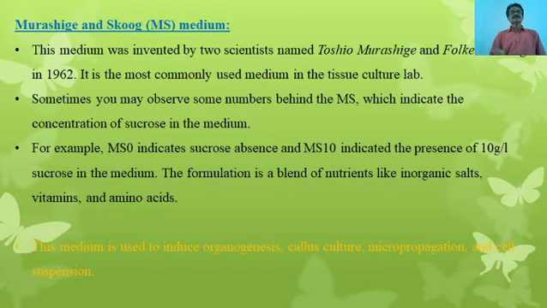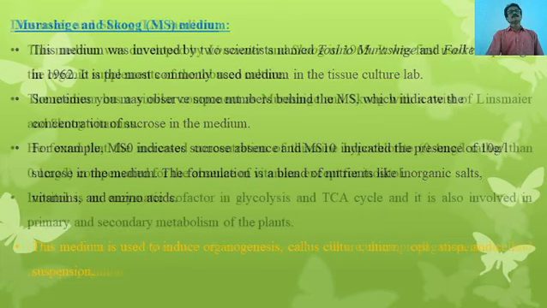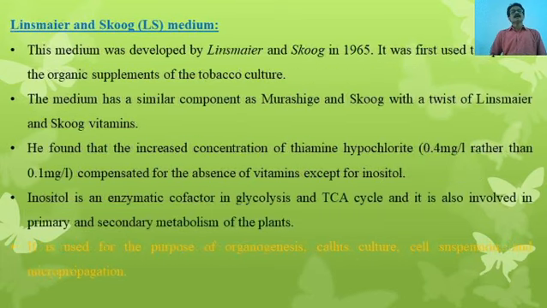So for these things we use MS media as the basic one, and then we can modify it. Similarly, another medium is Linsmaier-Skoog medium, the LS medium. This medium was developed by Linsmaier and Skoog in 1965. It was first used as an organic supplement for tobacco culture.